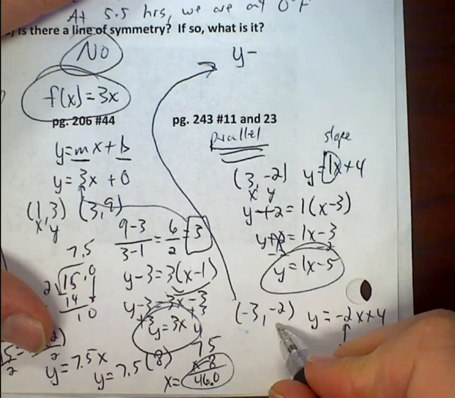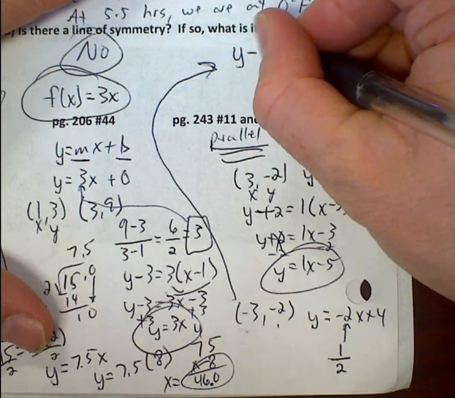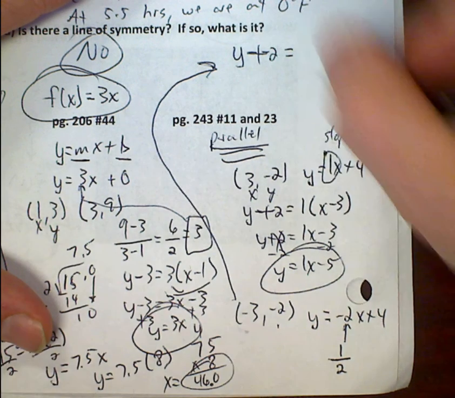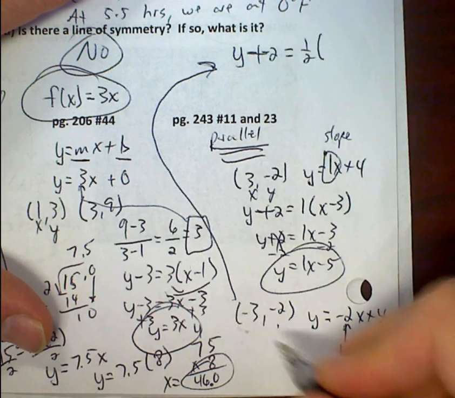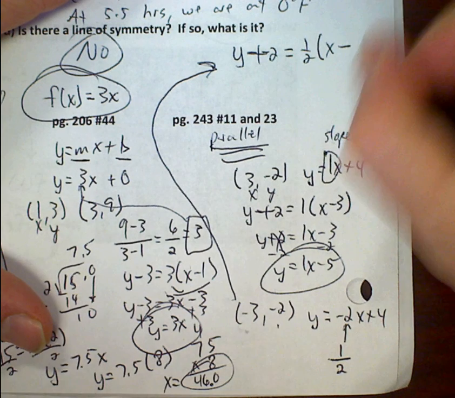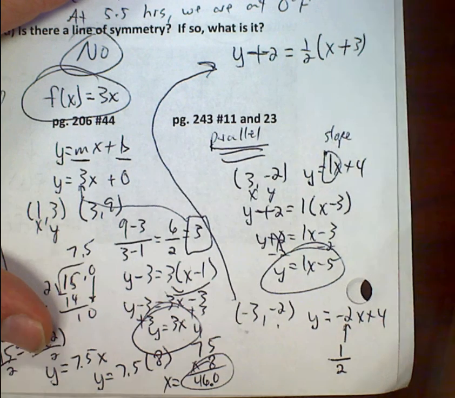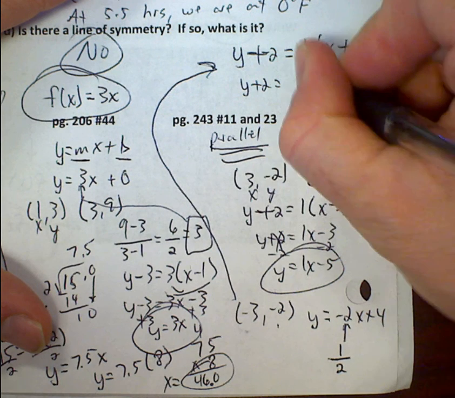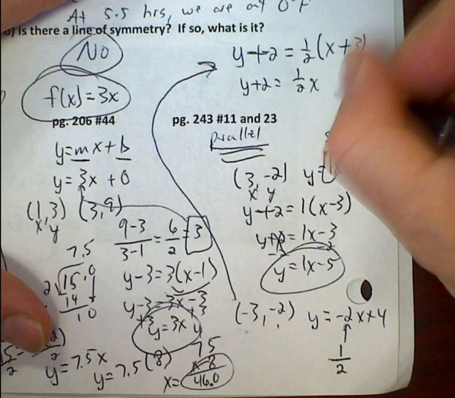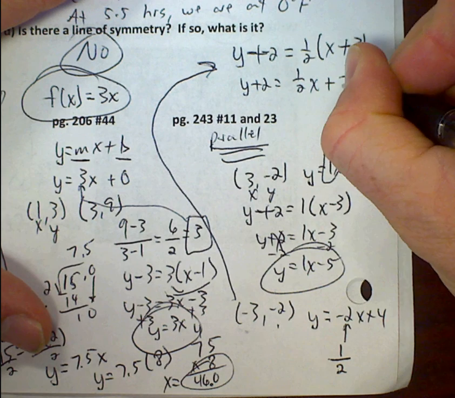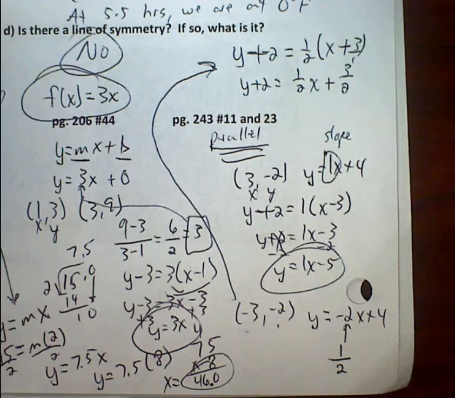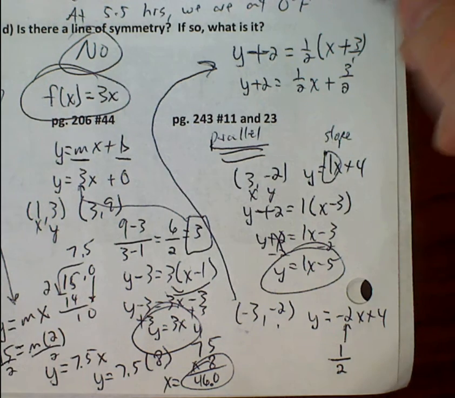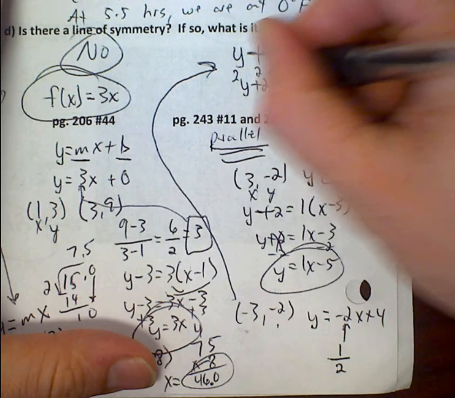Y minus y1, so that would be plus 2, equals my m is 1/2 this time, x minus negative 3, so that's plus 3. Now I'm going to distribute. Y plus 2 equals 1/2 x plus 3 over 2, top times top, bottom times bottom. Now I can multiply everything by 2.